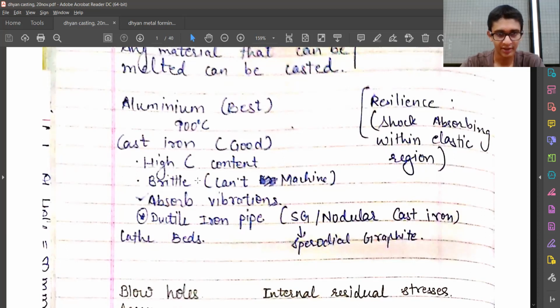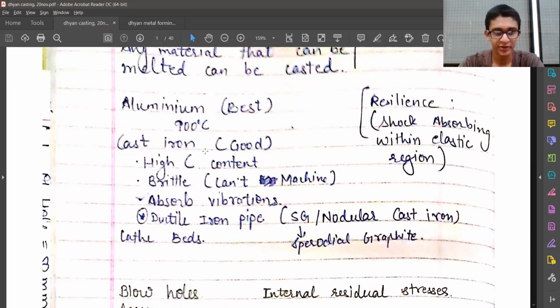Even though it is brittle, we can add spheroidal graphite, SG or nodular cast iron. This is a special category of alloy that makes the material ductile instead of brittle. Otherwise, cast iron is very brittle.